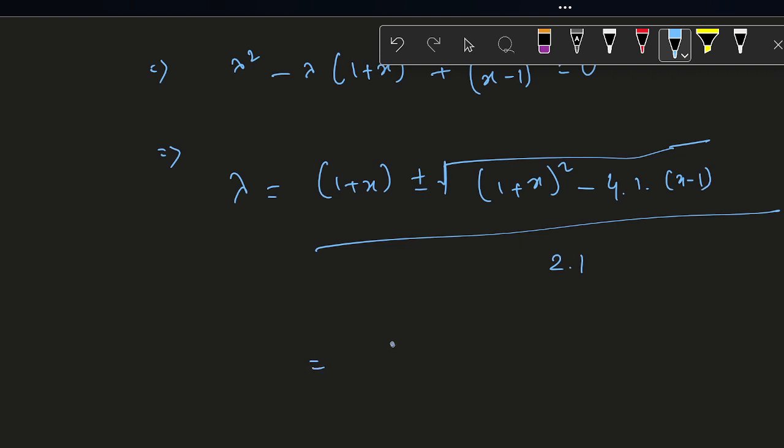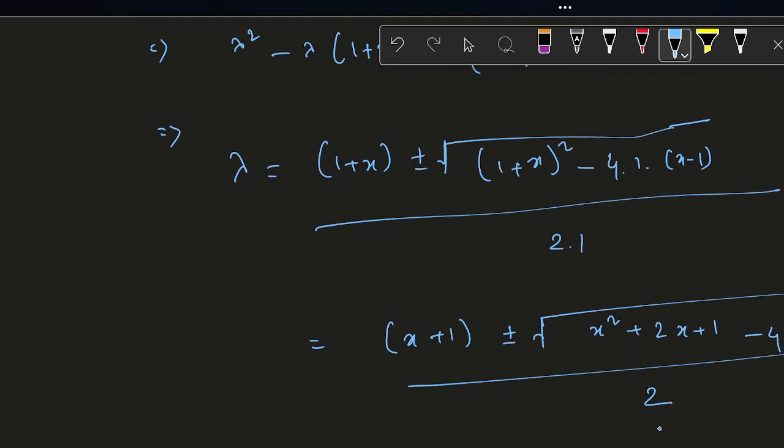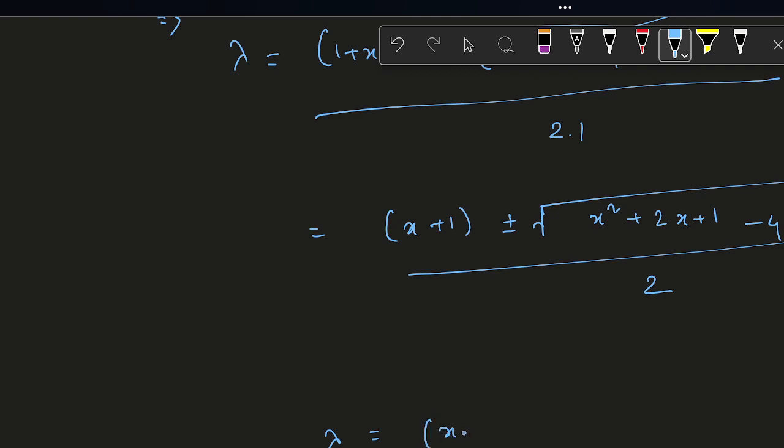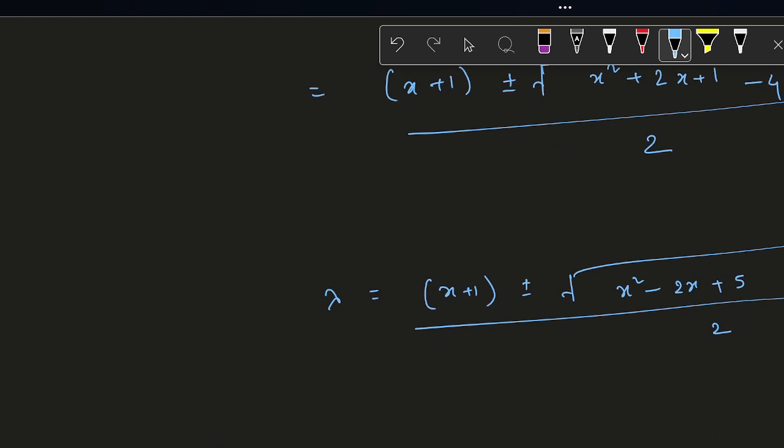So what you get is x squared plus 2x plus 1 minus 4x plus 4 divided by 2. Simplify it further. So this is just 1 plus x plus minus root over x squared minus 2x plus 5, divided by 2. So what will be your two values?